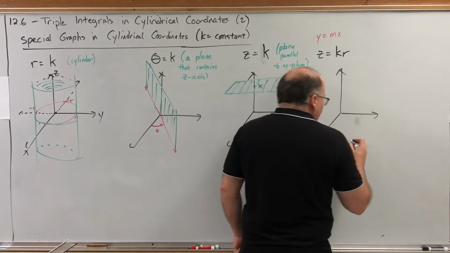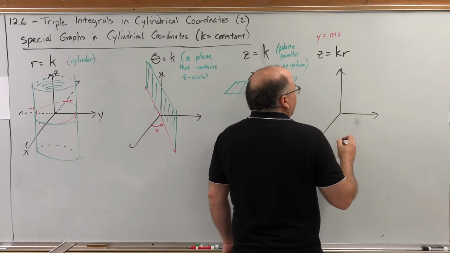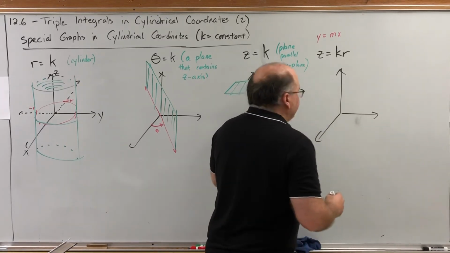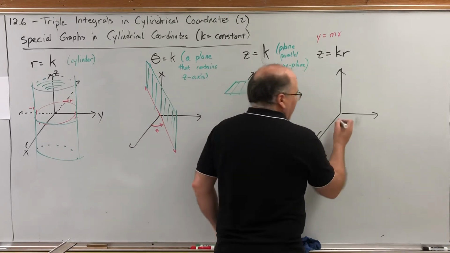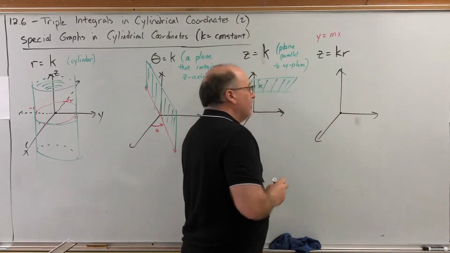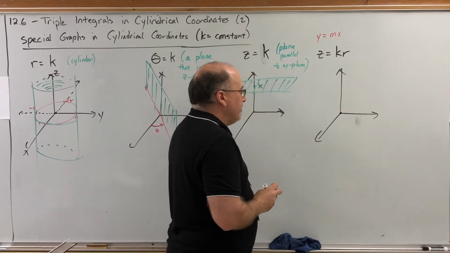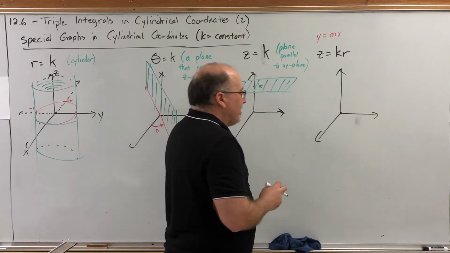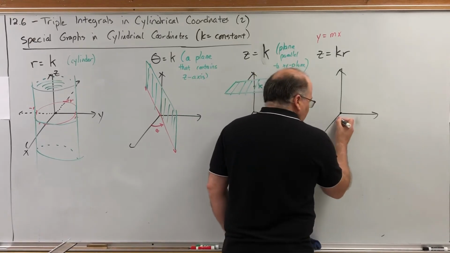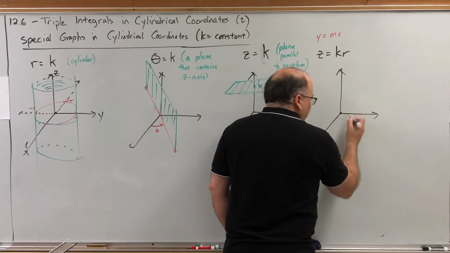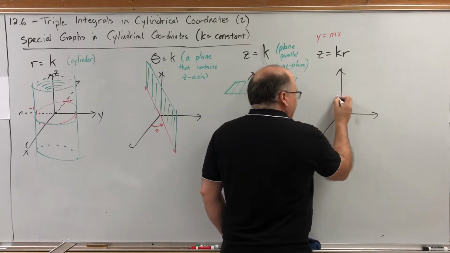So what would that look like? Well, think of it this way. If the radius was 0, so would z, so I would land right there. If the radius is 1, all the z's would equal k. So if I had a circle of radius 1, then it would go up k units.